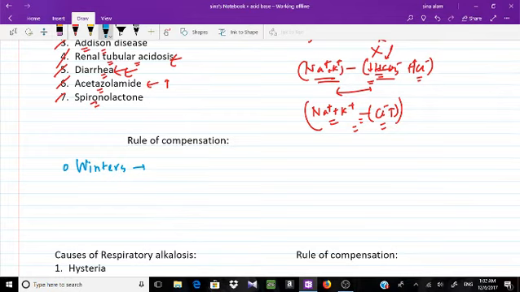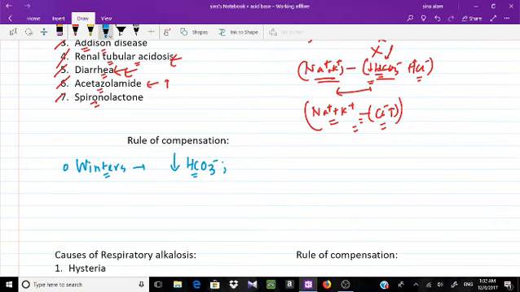And here's the Winter's formula for metabolic acidosis. We know that when metabolic acidosis happens, the bicarbonate goes down, right? And I'm using this more romantic color. Blue is the romantic color, right?